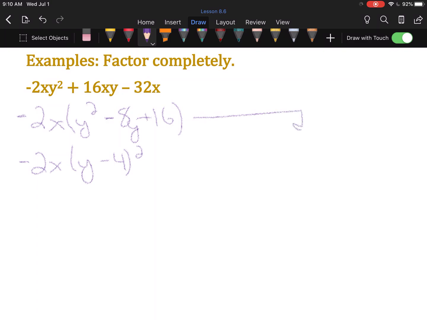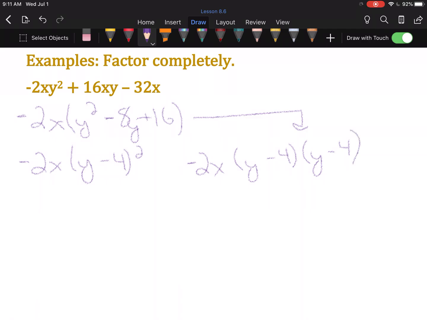Now, what if you don't recognize that? And you wind up going, okay, well, two numbers that multiply to make 16 and combine to make 8 are 4 and 4. And they're both negative because the middle term is negative. Well, then you would write this.